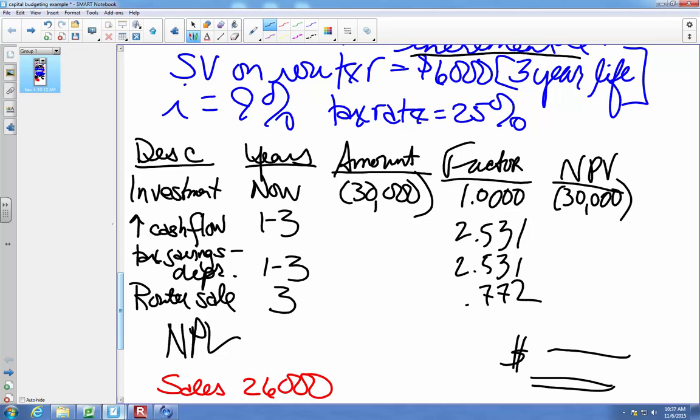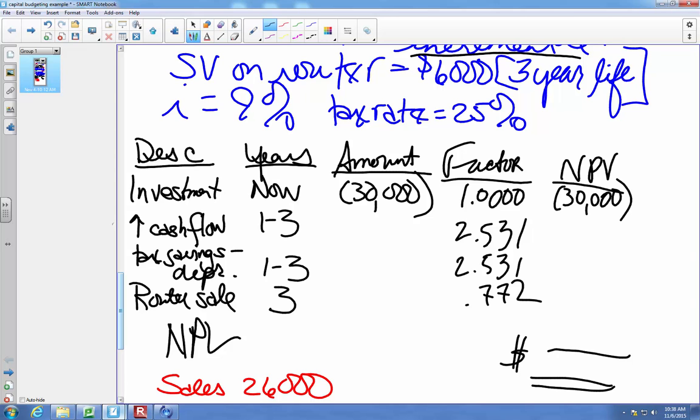I think it's 2,000 times 2.531. For your tax savings, yes, because the value of your thing is 30,000, minus your salvage value, which leaves you with 24,000. So you're going to depreciate $8,000 a year, but your tax is 25%, so that saves you 2,000 a year.